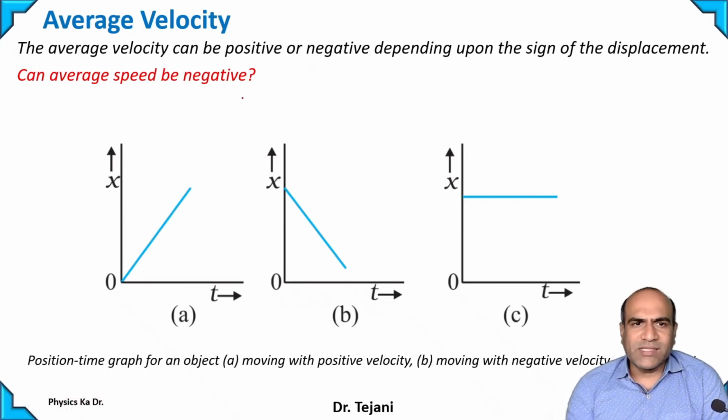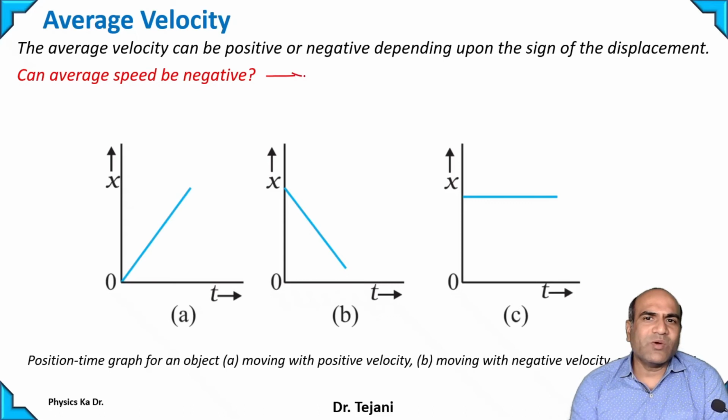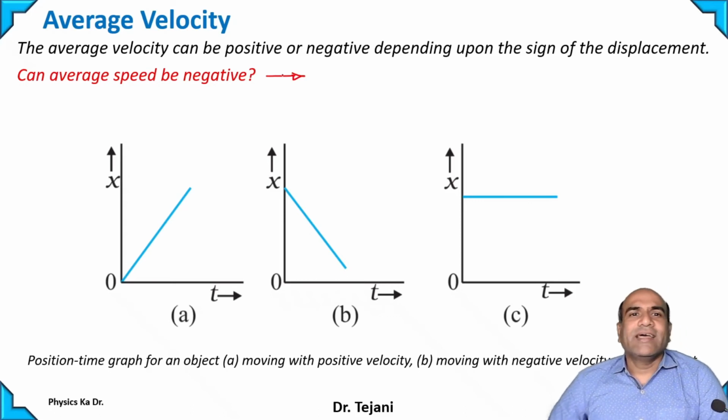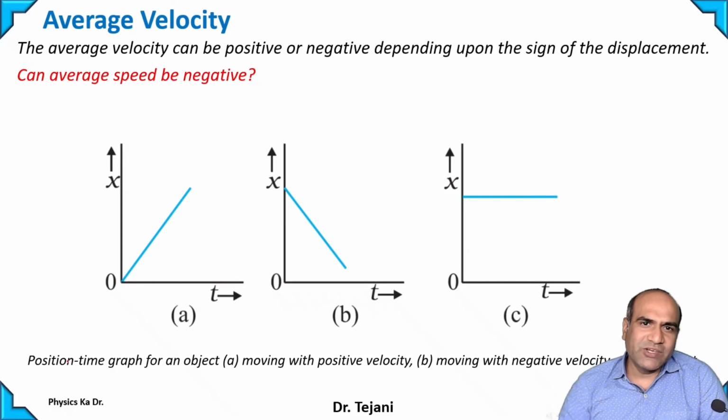But can you answer me, can an average speed be negative? Comment your answer for that. Average speed, is there a possibility to have a negative value? Comment this answer. See, in the examination, you will be faced with this kind of question.